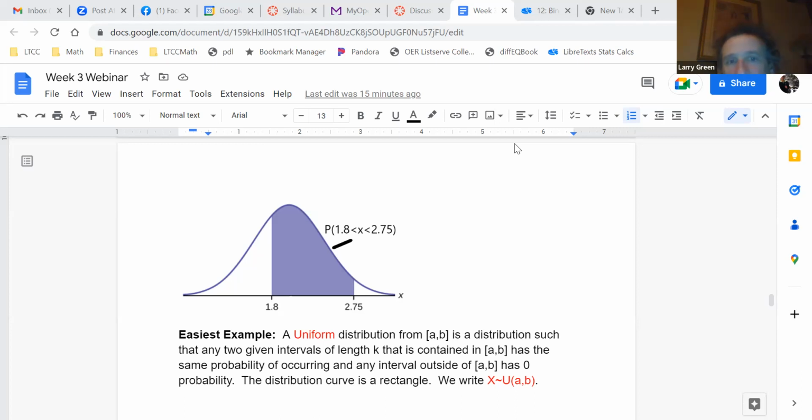Here's our normal curve drawn out, and let's say you wanted the probability that X was between 1.8 and 2.75. Then you plot 1.8, you plot 2.75, you draw little vertical line segments up to the top of the curve, and then you find the area of this. And the area of this will be that probability. Any questions on that idea?